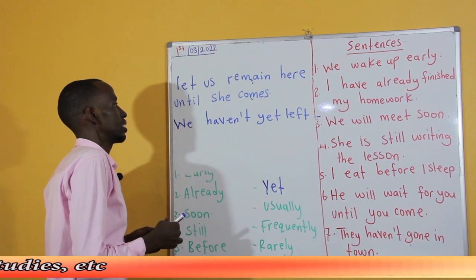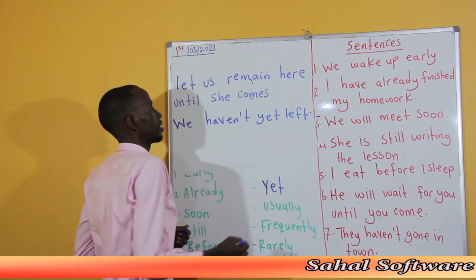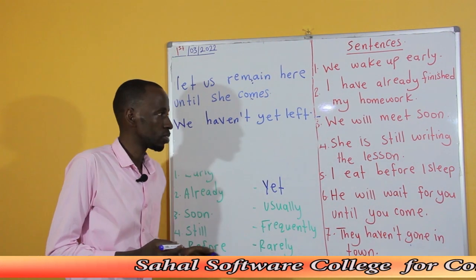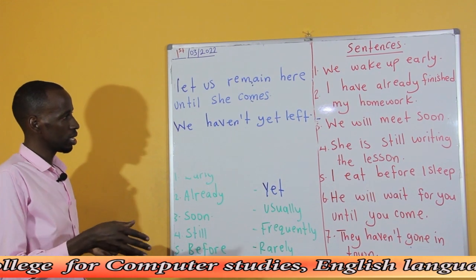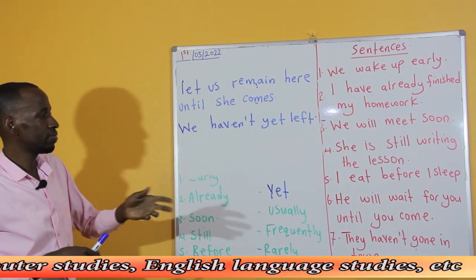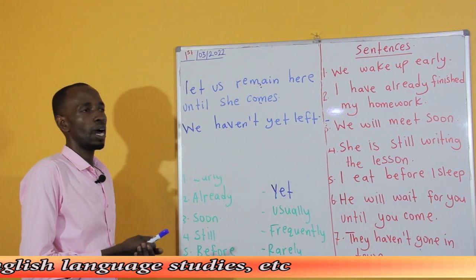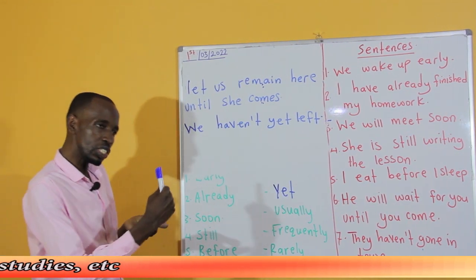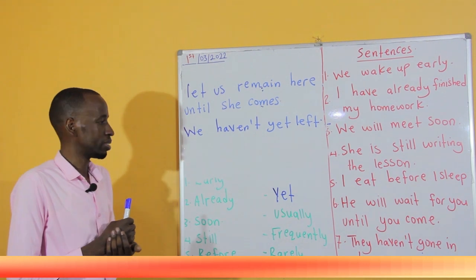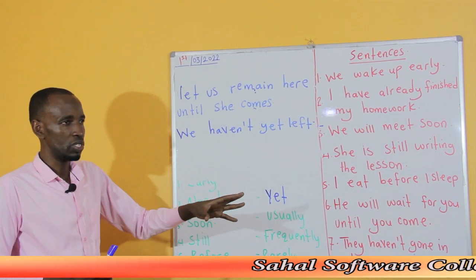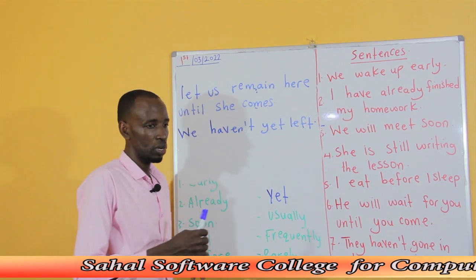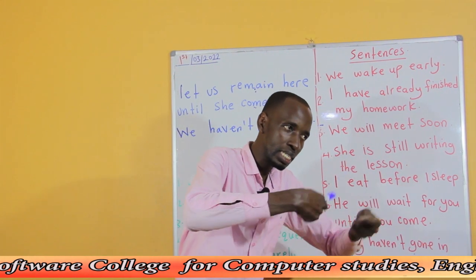We haven't yet left. It means you are taking long to leave. We haven't yet gone. We haven't yet left. She hasn't yet come. So it means she's taking long before she comes. That is yet.